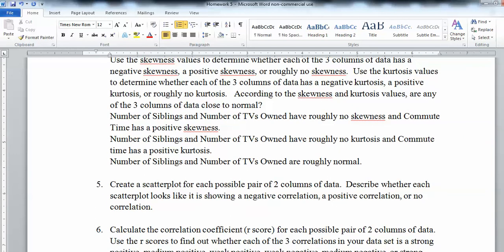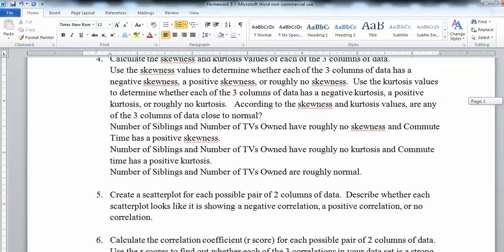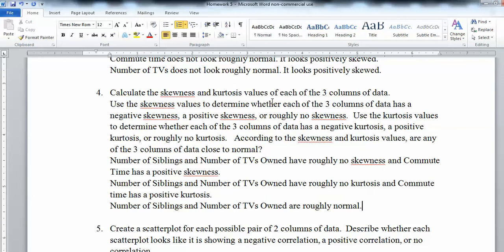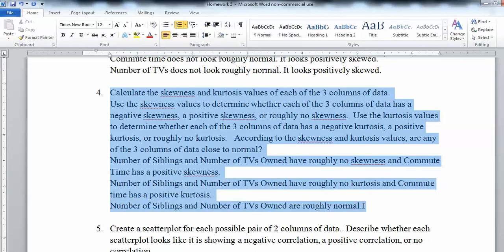This next one says create a scatter plot for each possible pair of two columns of data. Oh, one thing I wanted to say before that is this question number 4 is only asking you to answer based on the values. You're not answering question 4 based on what the histogram shows.